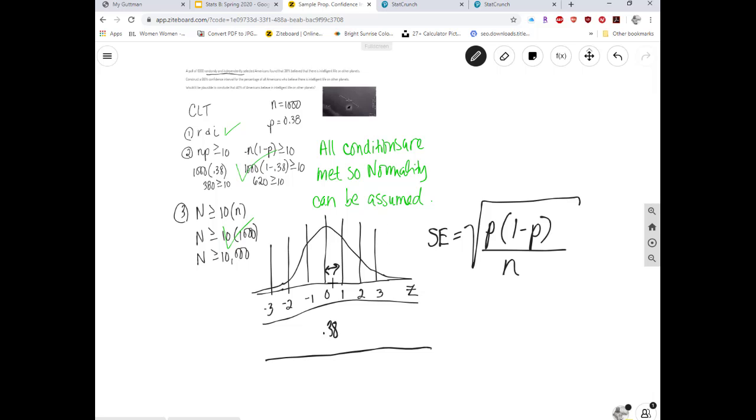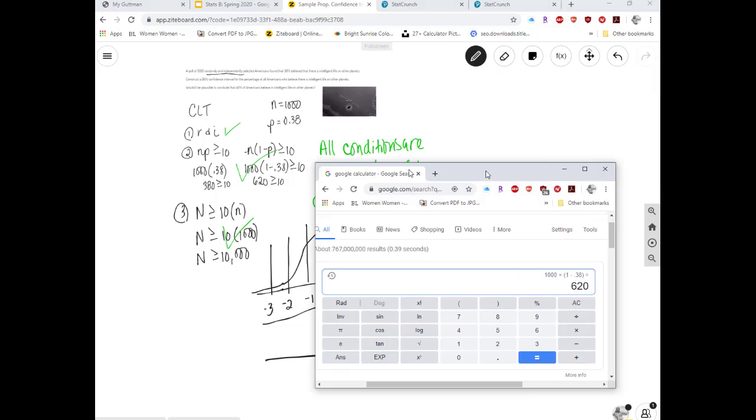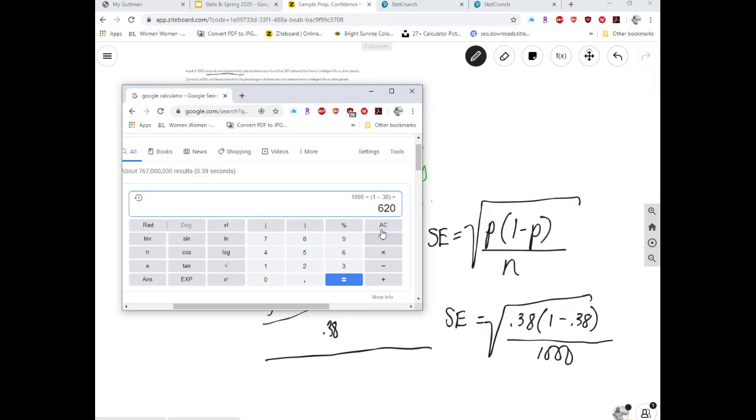Okay, so here's the poll information. We can find the standard error for this poll by just plugging everything in. So here I have 0.38 multiplied by the difference of 1 whole minus 0.38, and for a sample size of 1,000. Let's figure out what my standard error should be.